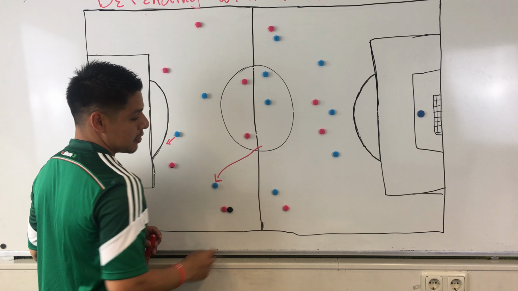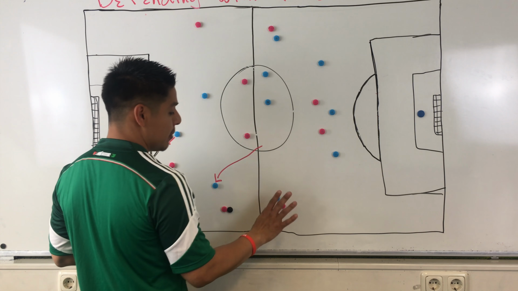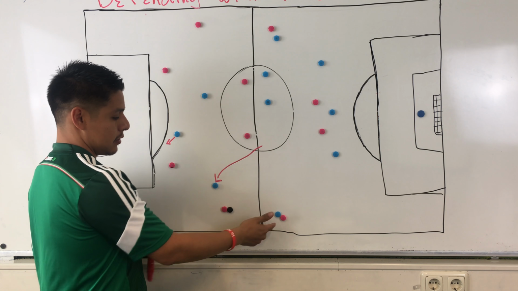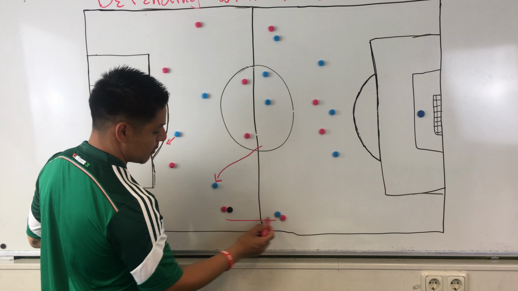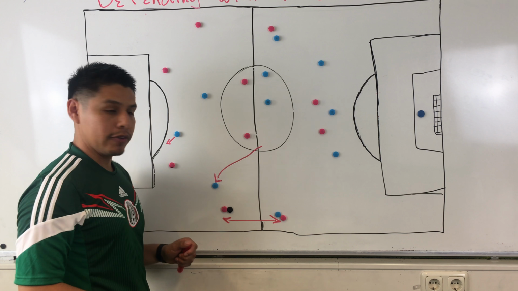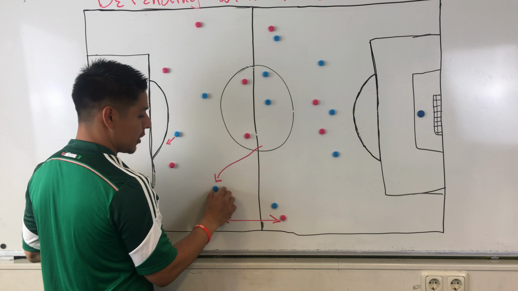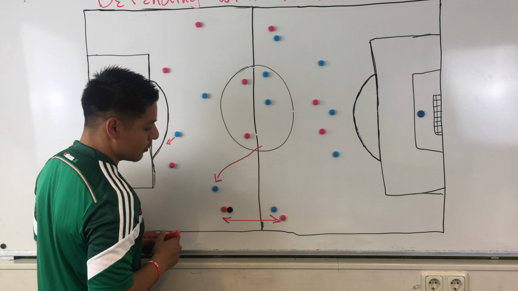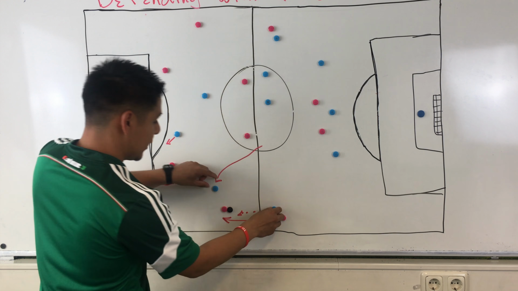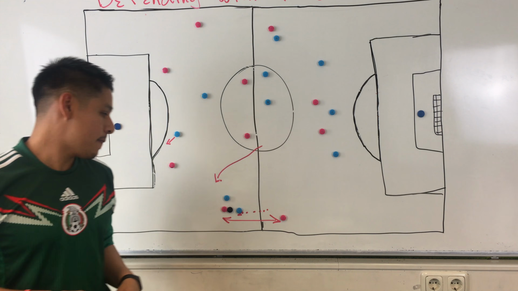So depending on the position of the right midfielder, if the distance between the right back and right midfielder is very close, then as soon as this player sees this run occur, this player would also attack, thus creating a 2 versus 1 situation.